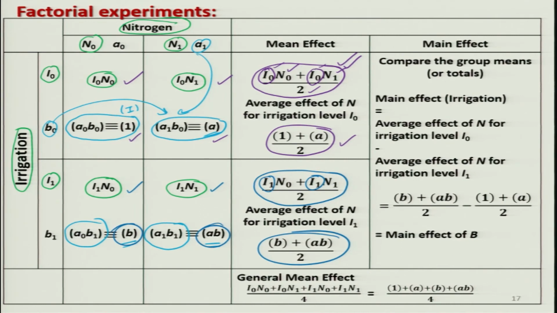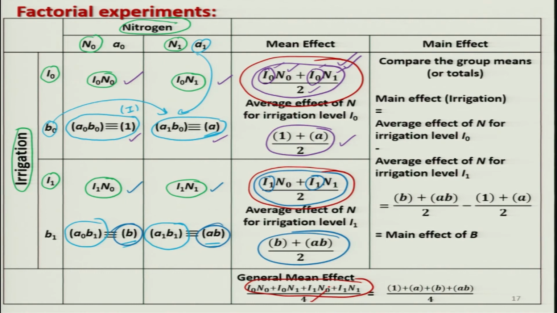Okay. And now, if I take the arithmetic mean of I0 N0, I0 N1 and I1 N0, I1 N1, then this is going to be the sum of all the terms I0 N0, I0 N1, I1 N0, I1 N1, just trying to find their arithmetic mean divided by 4.